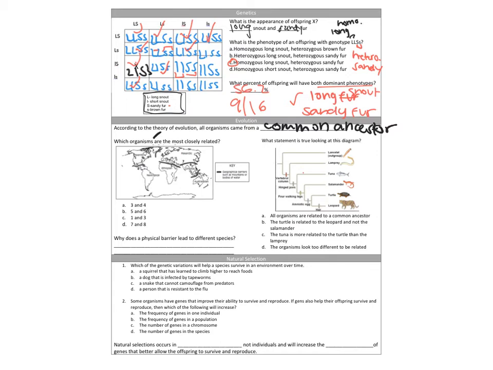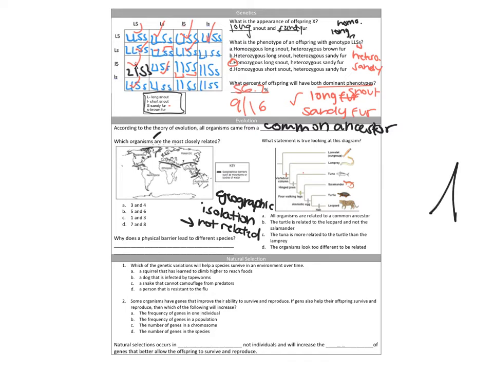Now, the closer you are without a physical barrier, such as a river, a mountain, or an ocean, the more related you are. Okay? Now, if you have a barrier between you, that is called geographic isolation. Isolation means separation. You are not going to be related because the two species can't mix.